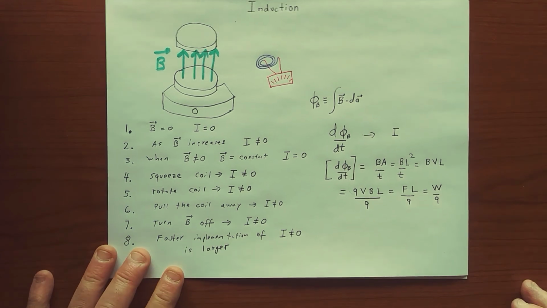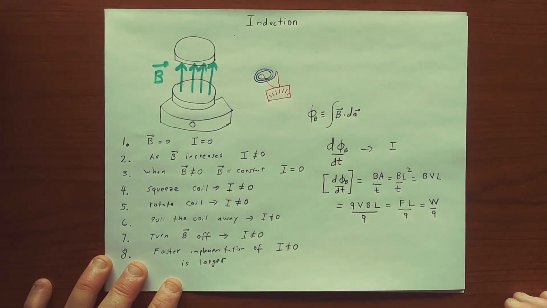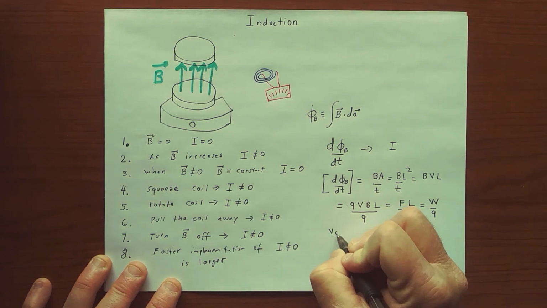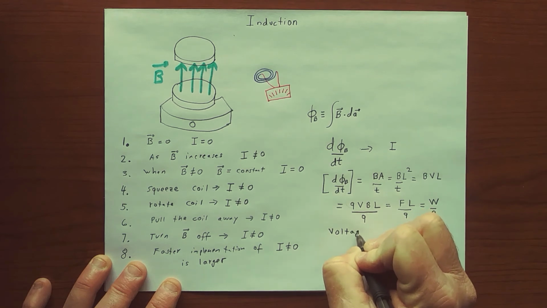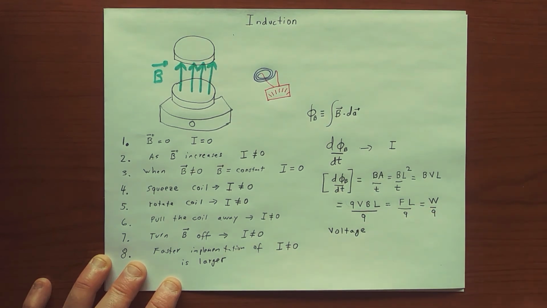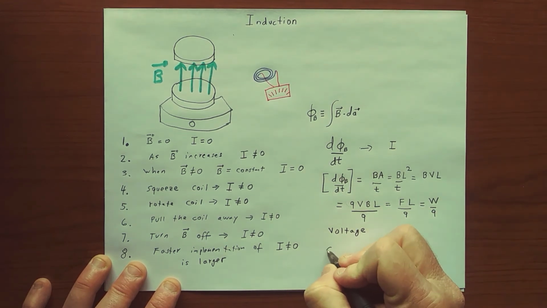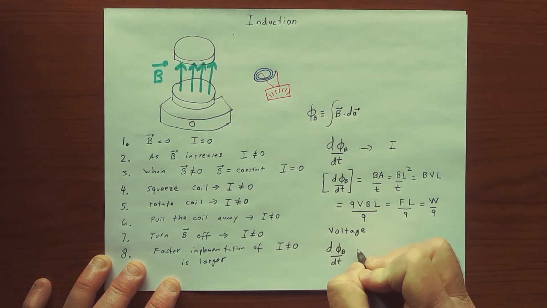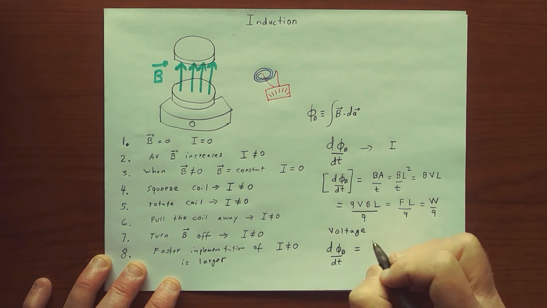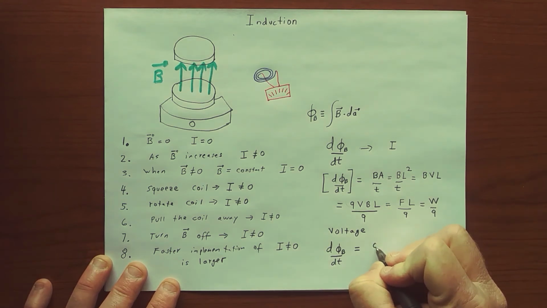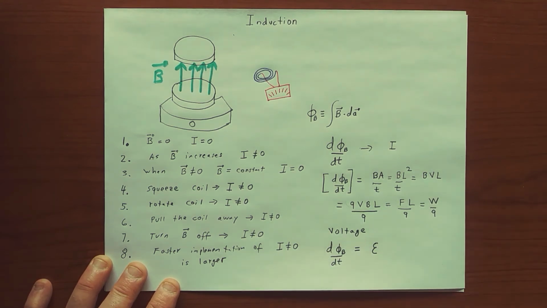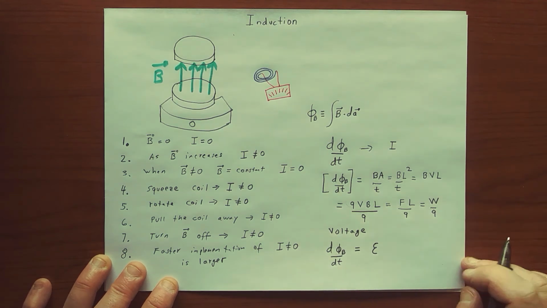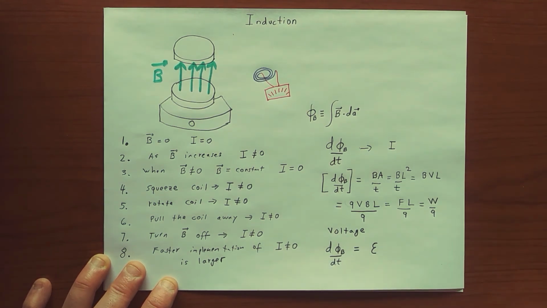But work per unit charge is the same thing as the dimensions of electric potential or voltage. So this quantity, the changing magnetic flux, has dimensions of voltage. So we can say that d phi dt is equal to a voltage, and the symbol that we use for this is epsilon, for reasons that we won't go into at this point.